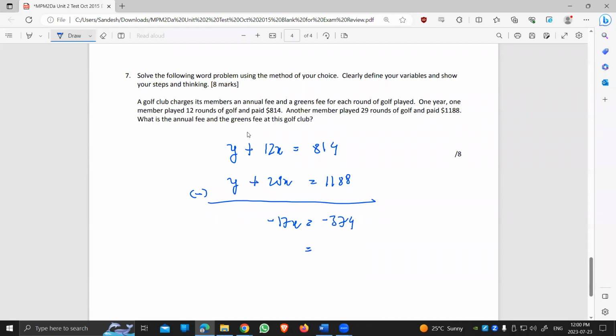So x will be 374 divided by 17, which is 22. That means y is going to be 814 minus 12 times 22, and the annual fee is 550. And there you go. That's the end of the question, and that's the end for us as well for today. Okay, thank you. See ya.